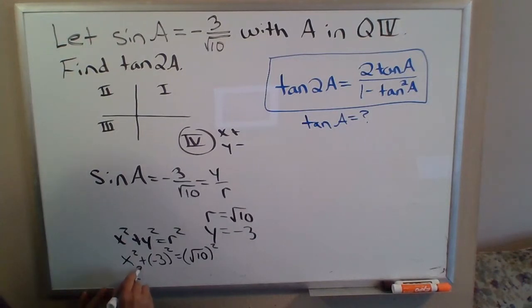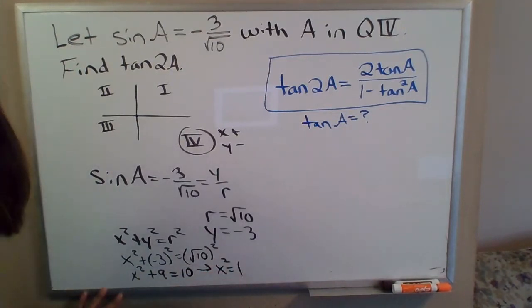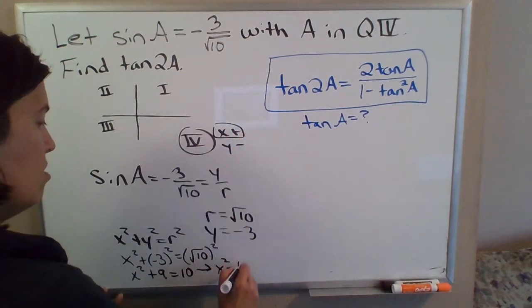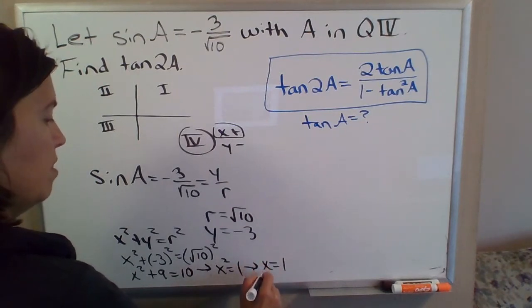So x squared plus 9 equals 10, which means x squared is equal to 1. And we know we're in quadrant 4, so x is positive, so we're going to take x equals +1.